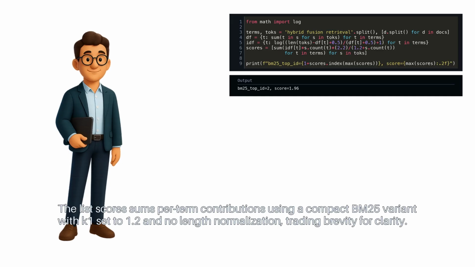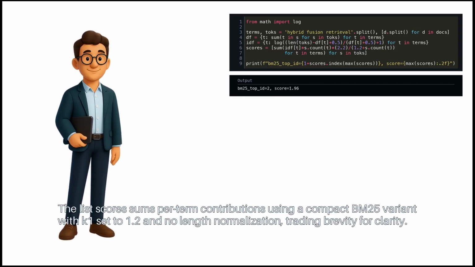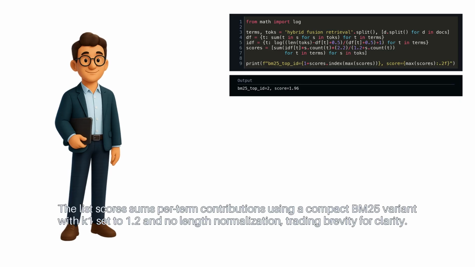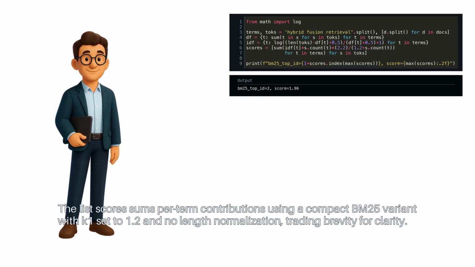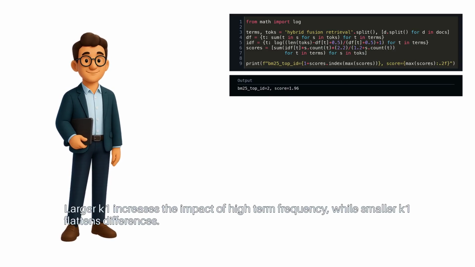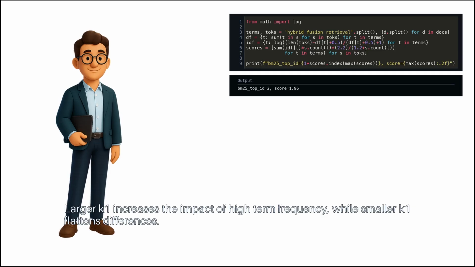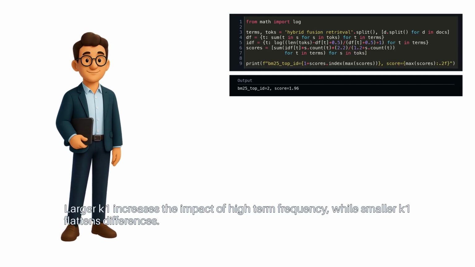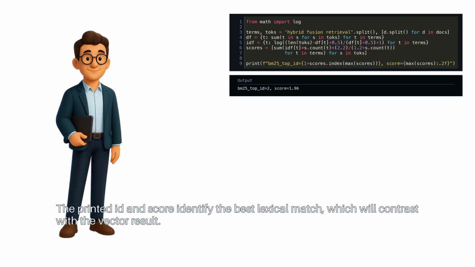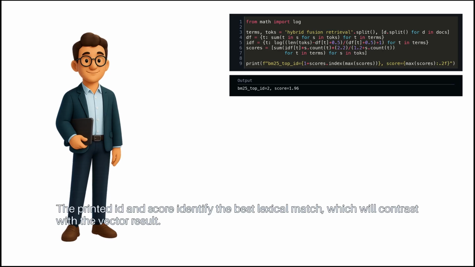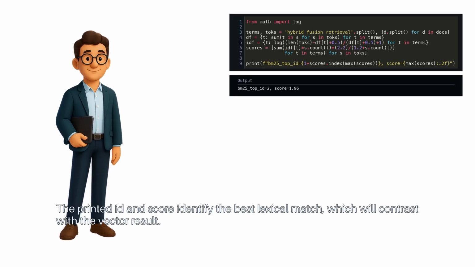The list scores sums per term contributions using a compact BM25 variant with k1 set to 1.2 and no length normalization, trading brevity for clarity. Larger k1 increases the impact of high term frequency, while smaller k1 flattens differences. The printed ID and score identify the best lexical match, which will contrast with the vector result.